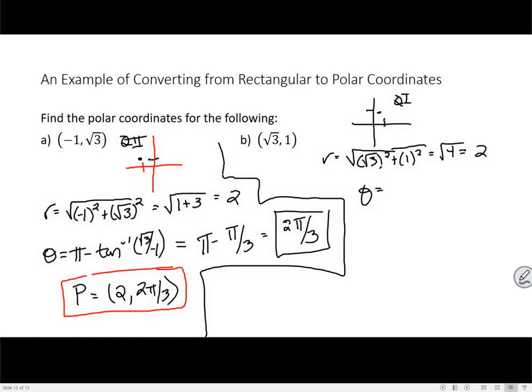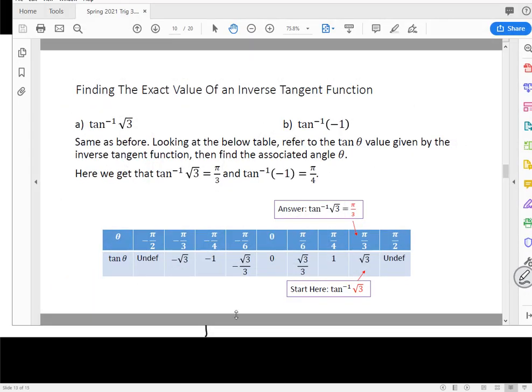So theta is going to equal tangent inverse of y over x, so that's going to be 1 over root 3, which is also root 3 over 3. Again, I'm going to bring up that table of values, and it looks like tangent of theta is root 3 over 3 at pi over 6 in quadrant 1.